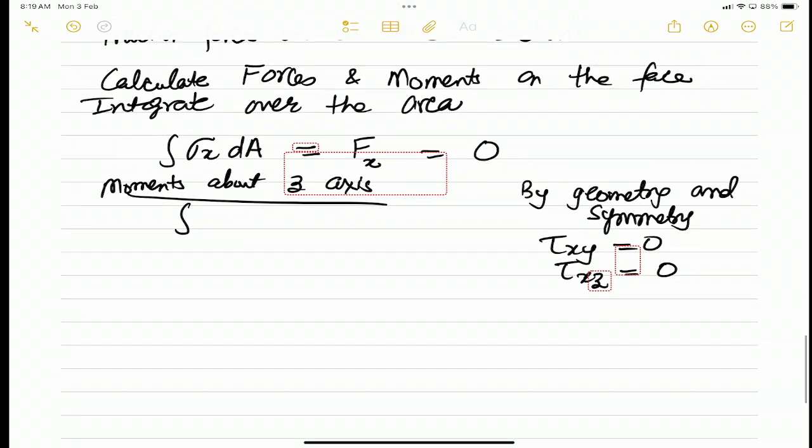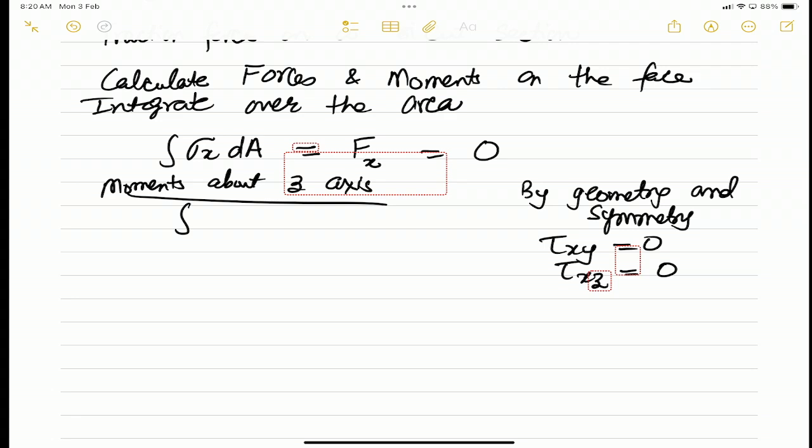So now when I calculate the moments about the z axis, the only thing which will contribute to moments about the z axis will be sigma x.